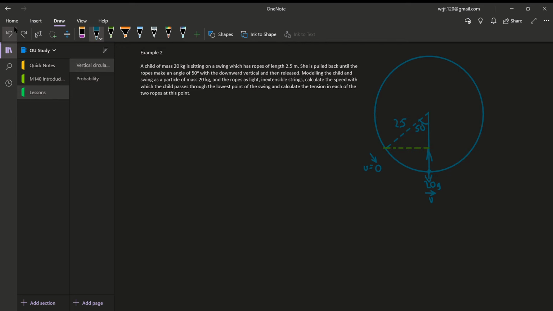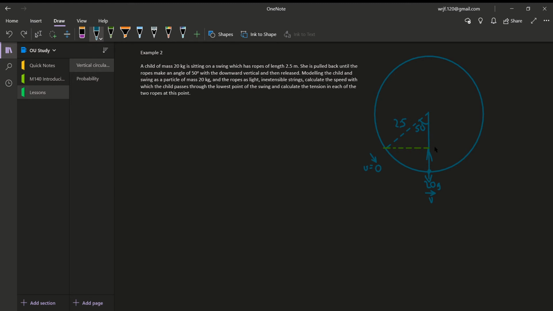I've already got my diagram going with the basic information on it. There's one extra bit that I wanted to put on to my diagram now, and that was about the tension in the ropes. I've got my downwards force of 20g at the bottom of the circle marked on there because I think I'm going to need that at some point. But my upwards force here is the ropes, so it's a tension.